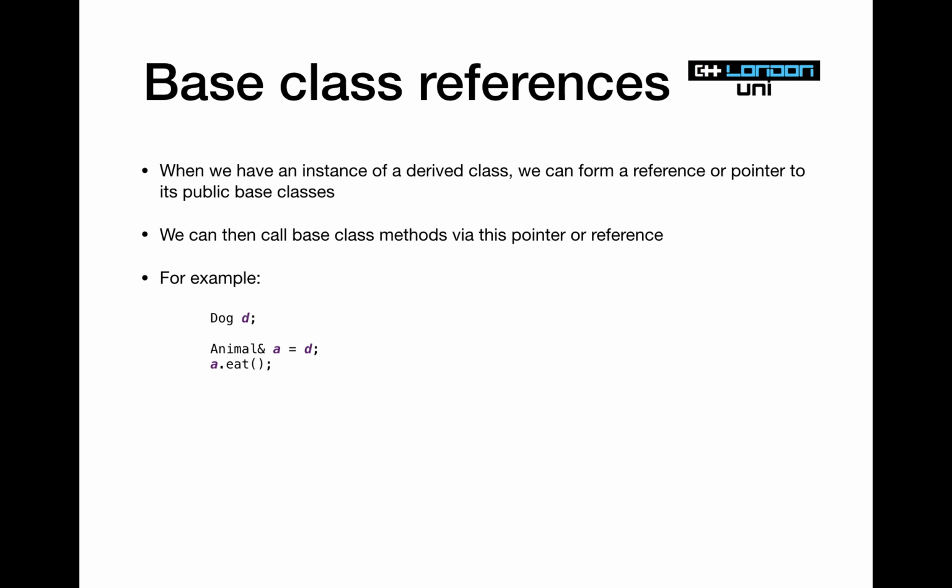So you're not assigning a reference address of D. A is a reference to this bit. It's the base class subobject. If you updated D, it wouldn't change.